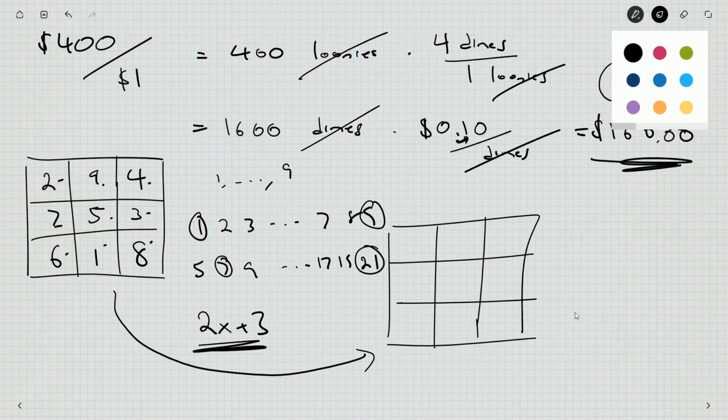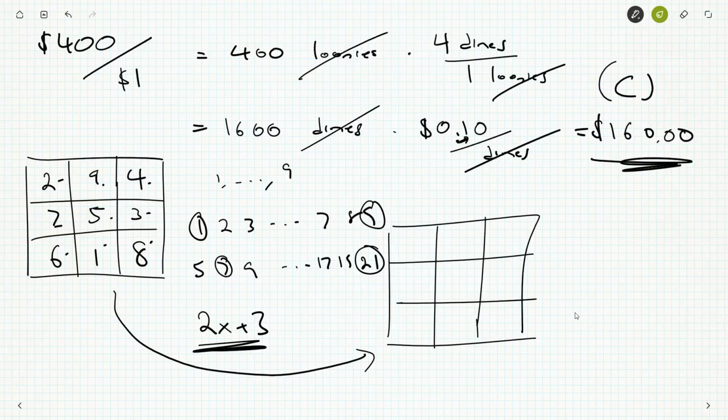So what's going to happen? Let's switch color here. So 2 will turn into 7. 9 will turn into 21. 4 will turn into 11. 5 will turn into 13, which is the middle of these numbers here. And we can fill this in. I'm going to finish it off here, but it's not necessarily going to correspond exactly to the one that they gave us.